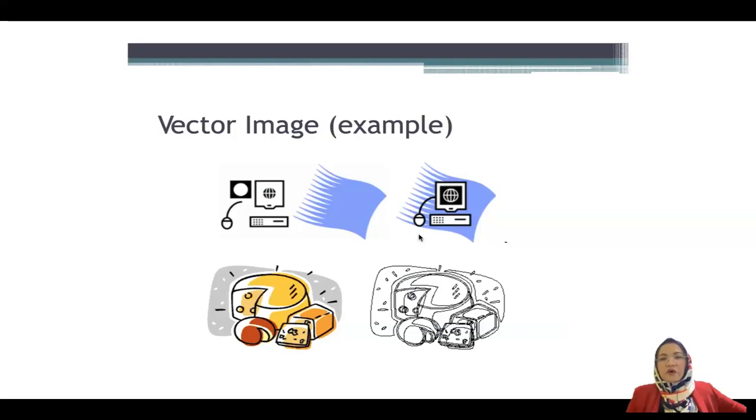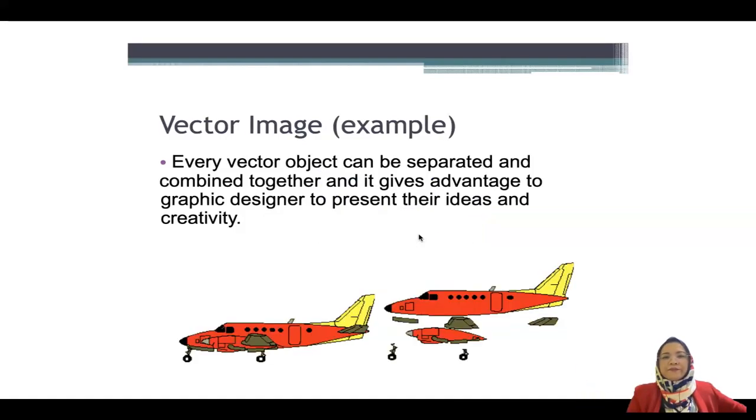Before, there was a way of doing it, but it required lots of skills and hours in producing vector images. For example, here when you draw a plane, you can still separate the parts. If you want to change the color for each part, it's easy to do that when you work with a vector image.